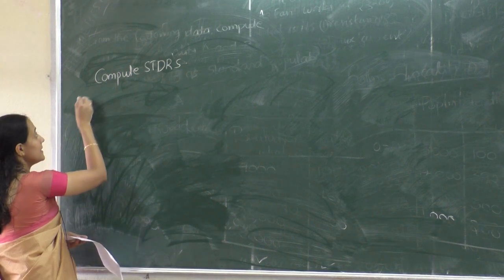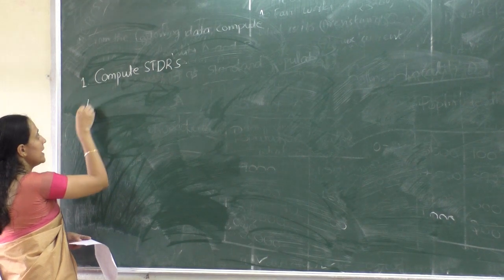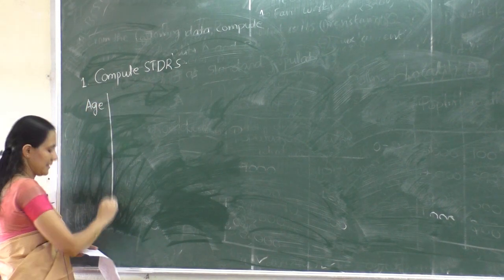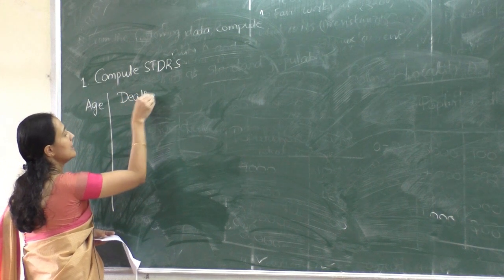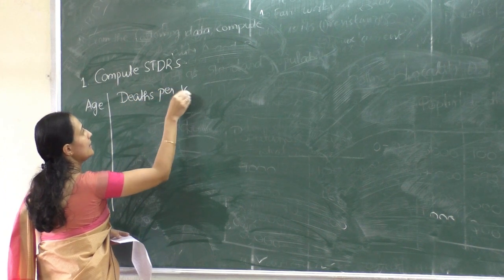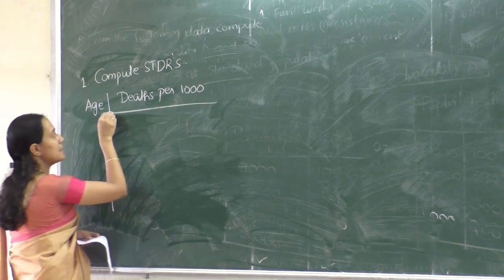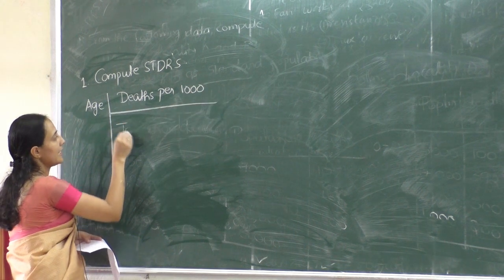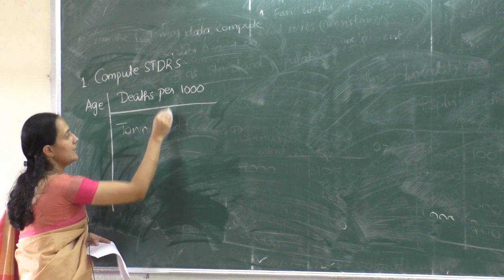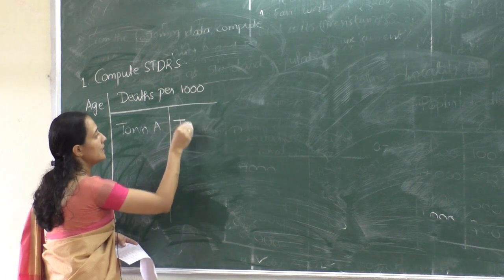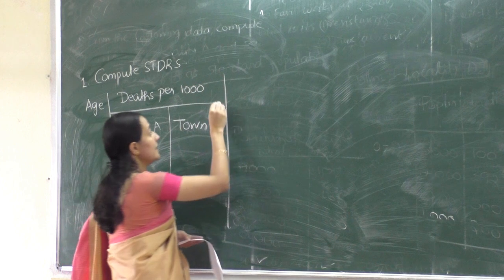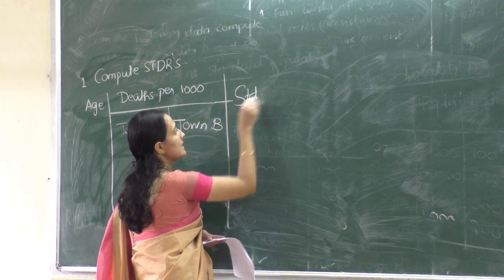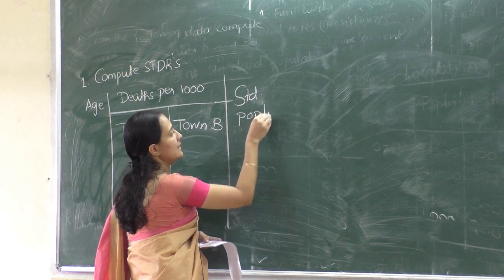Suppose this is the question: age is given, then deaths per 1000 for town A and town B. Here the standard population is given separately.